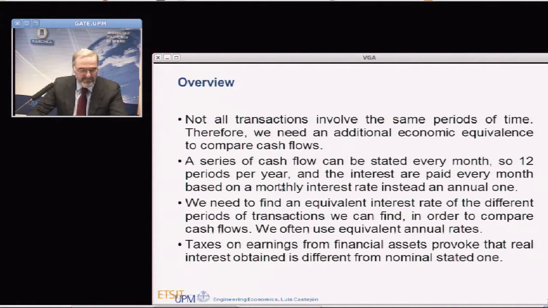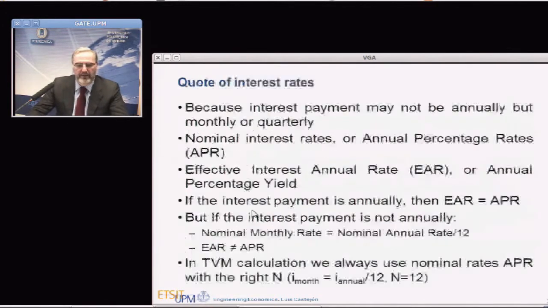They will pay less. Why? Because of taxes. Governments call it taxes. In the case of Spain and many European countries, this tax is 21%. So you will not receive the gross interest rate, you will receive a net interest rate, which is the gross interest rate times one less the tax rate.